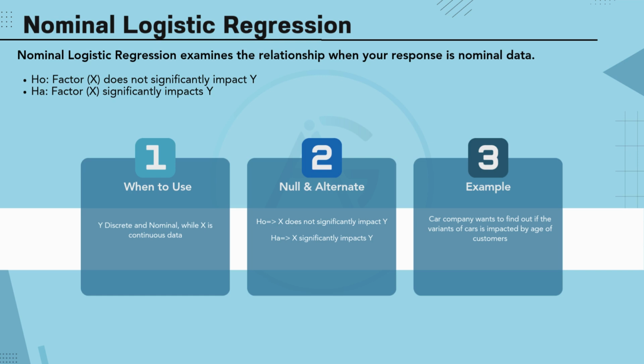The car variant is nominal, SUV, sedan, hatchback, while age is continuous. Using nominal logistic regression, the company can understand if younger customers prefer a different variant compared to older ones. This form of regression is especially helpful in marketing, product design, and consumer behavior analysis, where we need to understand category preferences based on influencing factors.